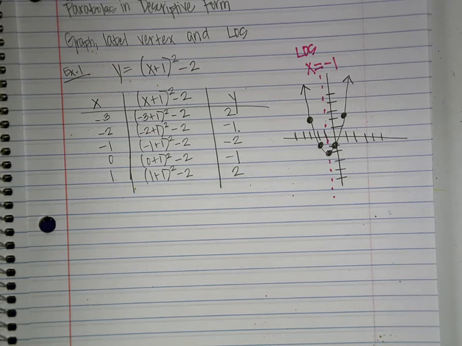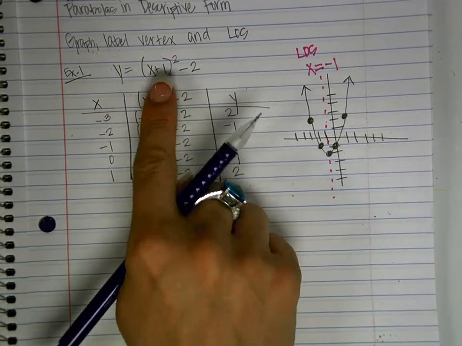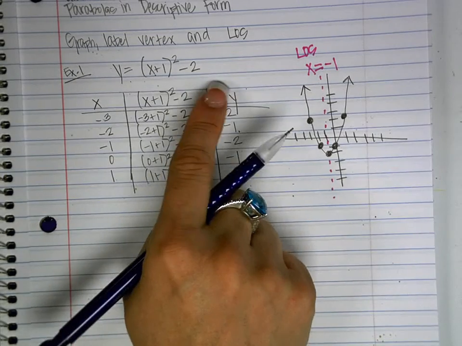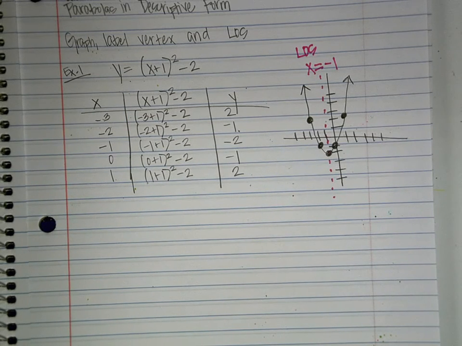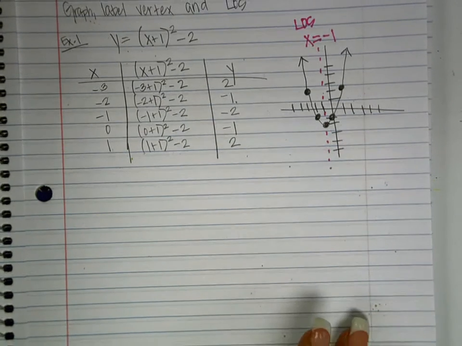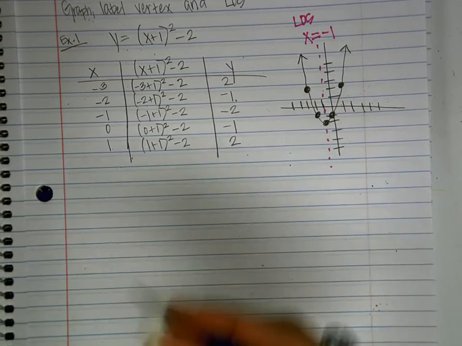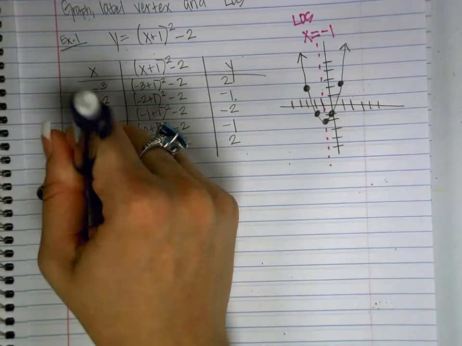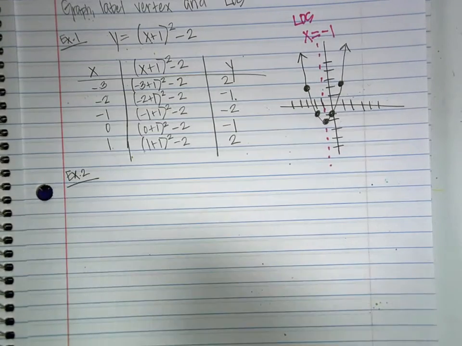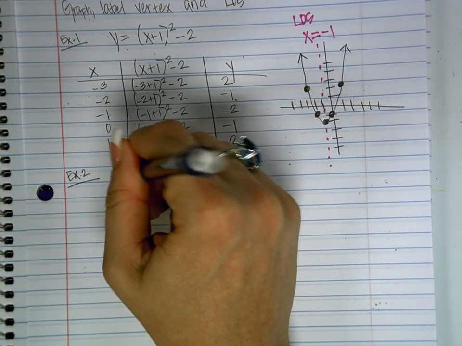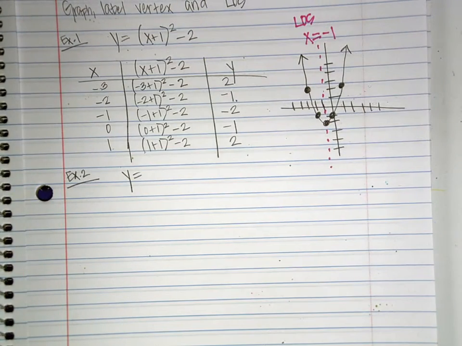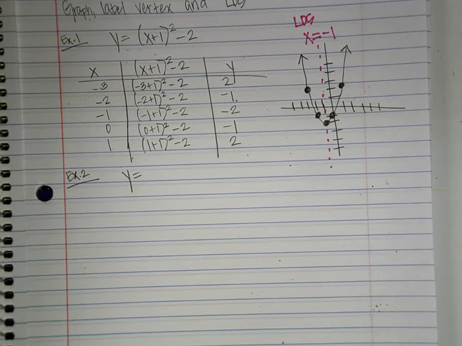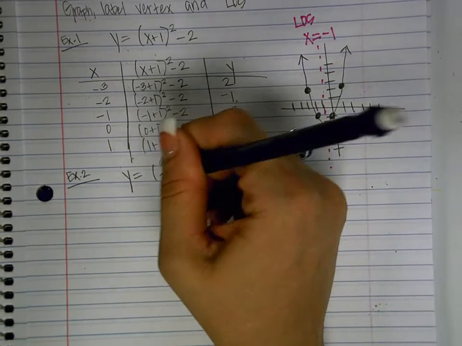You did this yesterday: you FOILed, combined like terms, and then used the formula. That's a theory. However, let's try another one. We're going to discover something today. I get your theory, but I want to keep it in this form because I like descriptive form. It gave me descriptive form, so I want to keep it this way.